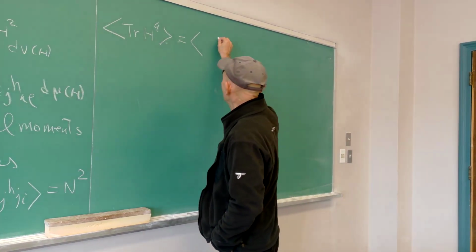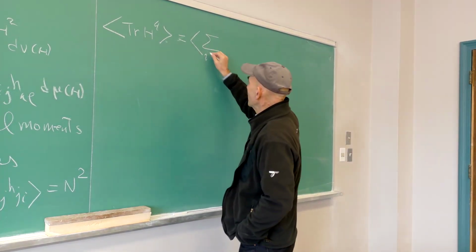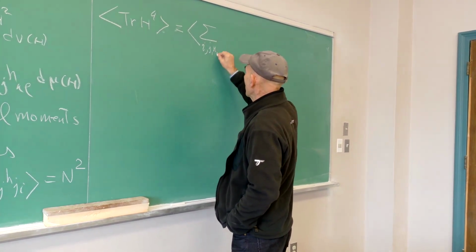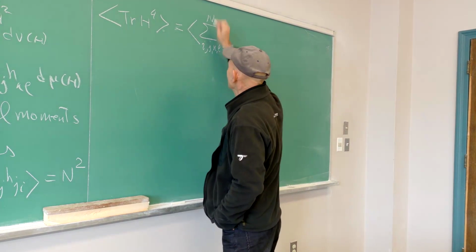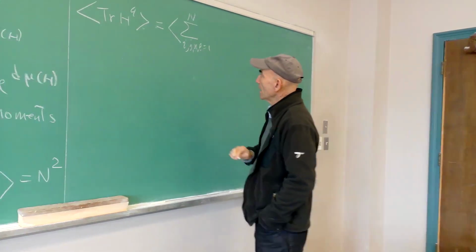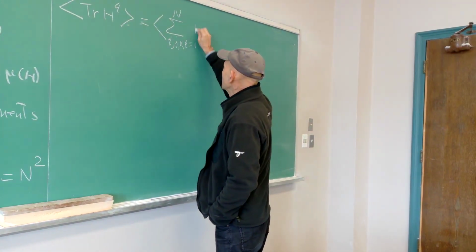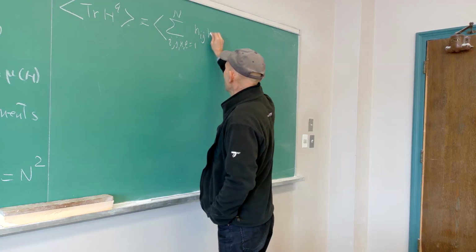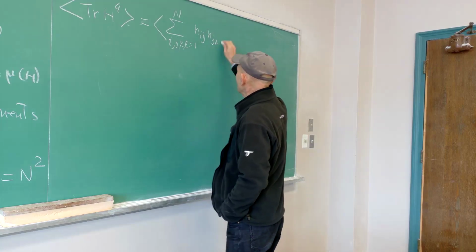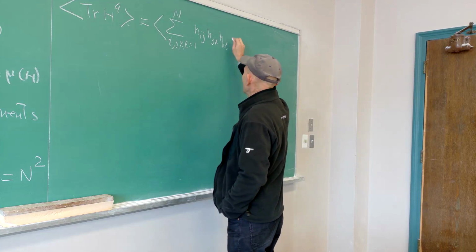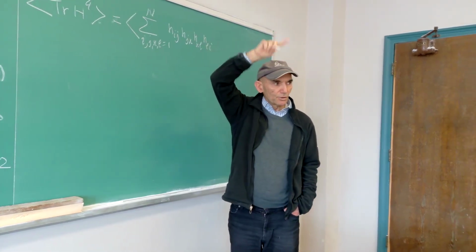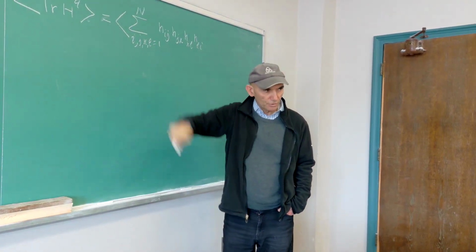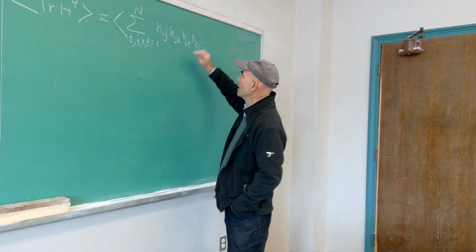So this is the sum over i, j, k, l from 1 to n of H_ij H_jk H_kl H_li. You see, it circles back in order to compute the trace.